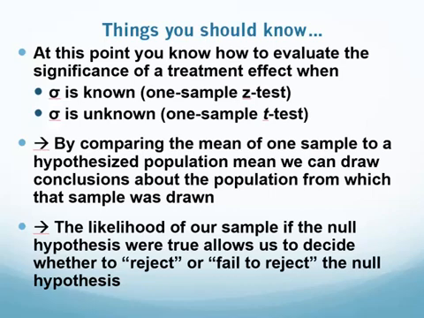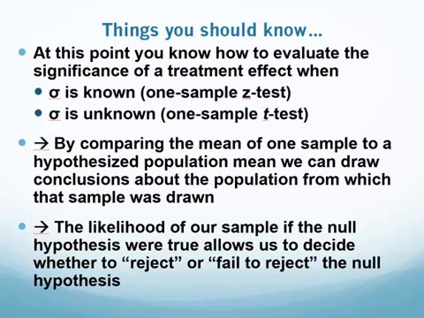And again, we run a z-test if we're comparing a sample mean to some sort of hypothesized population mean, and we know the population standard deviation. However, if we're comparing a single sample to a hypothesized population mean, and we do not know the population standard deviation, then we'd run a one-sample t-test, and we would use the sample standard deviation as a stand-in for our population standard deviation that we don't have.